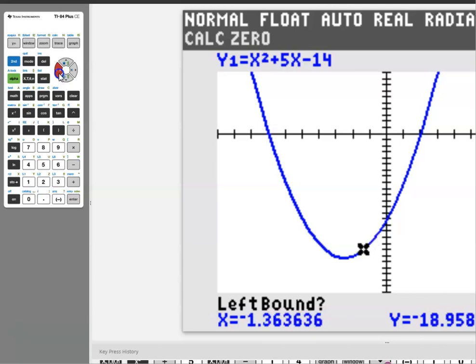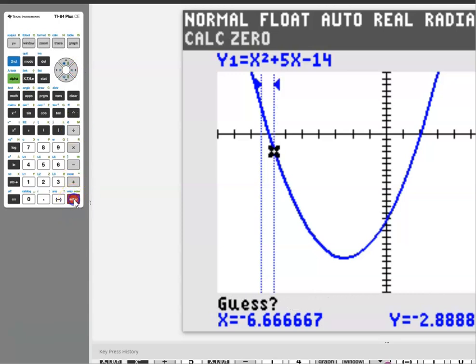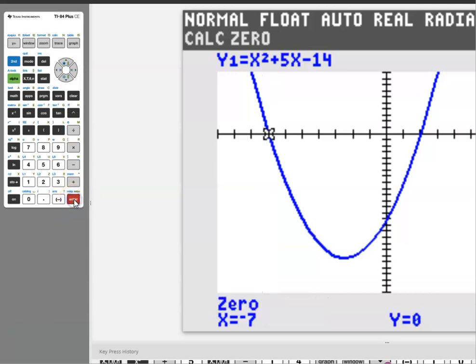Move it around and get it above your vertex. Hit enter. Now they want right bound. Get it below your vertex. Hit enter. Boom. Hit guess. Here is your x-intercept, -7, 0. That is your coordinate pair of that first root of the equation.